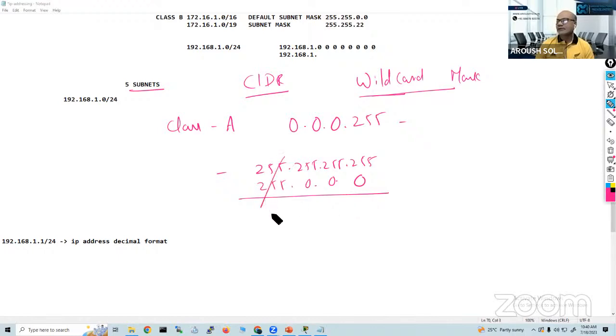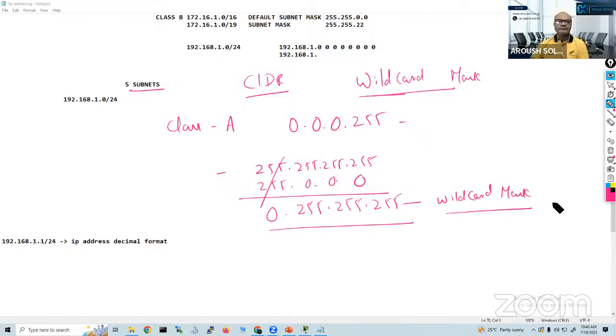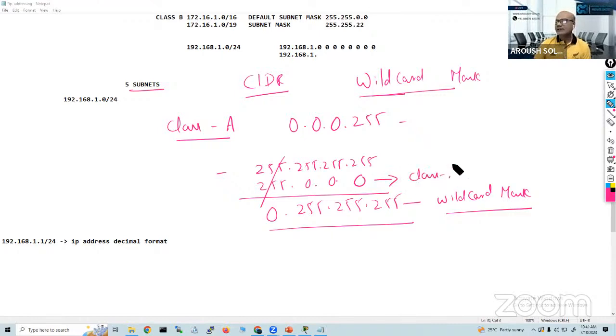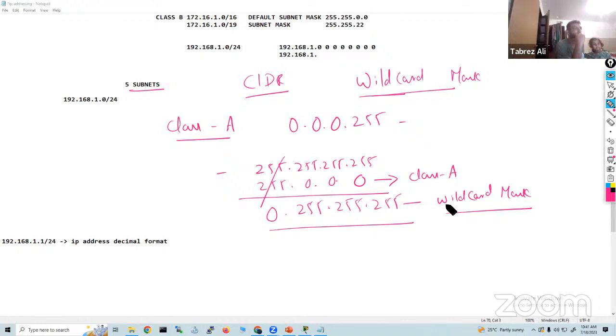So when you calculate this, 0.255.255.255, this is your wildcard mask. Understood? This is for class A, Tabriz.